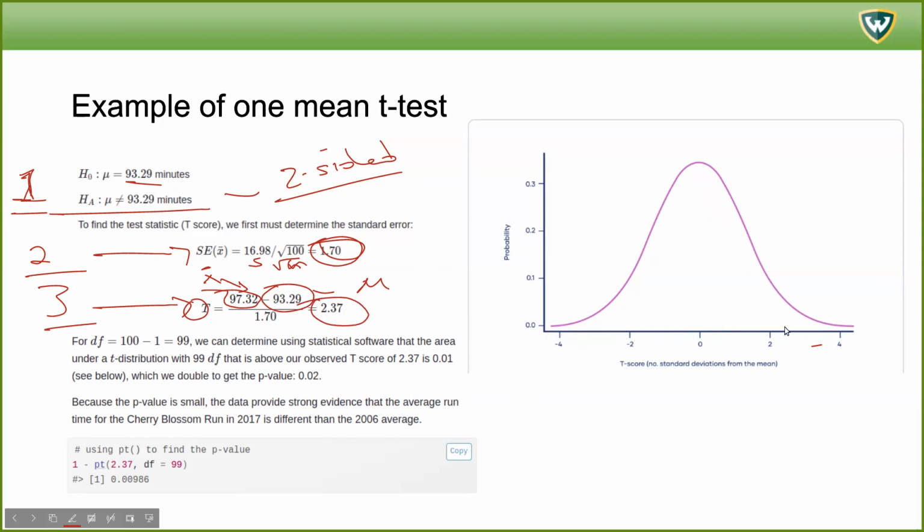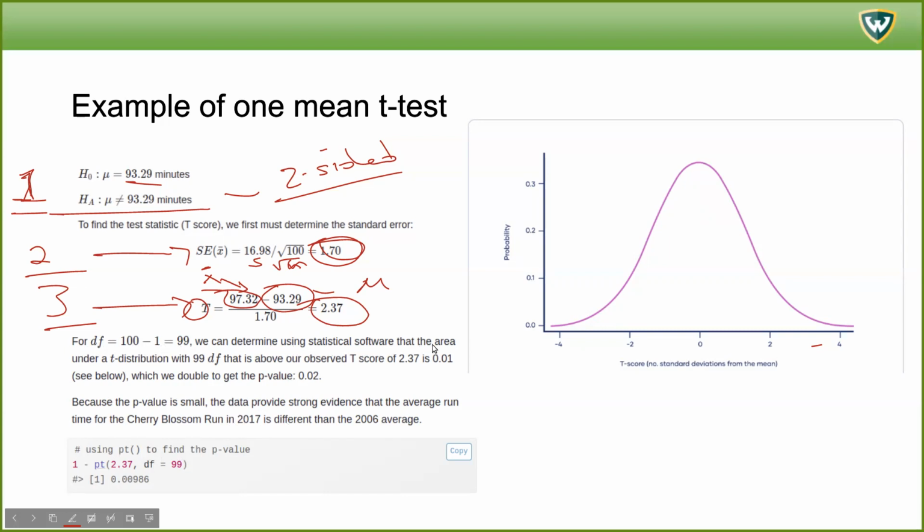So what do we do with this 2.37 value? These calculations we can easily do, it's fairly simple. But to get the p-value corresponding with this number of standard deviations, we want to put it into a function like the pt function. So let's read what's going on. For degrees of freedom, the sample is 100, minus 1 is 99.